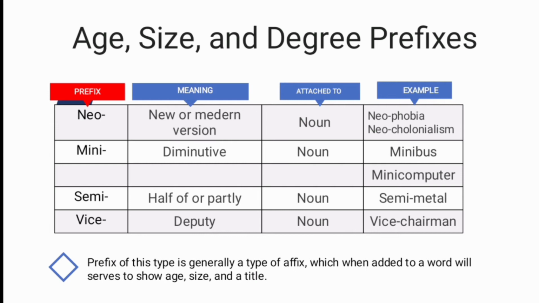Sedangkan prefix "mini" in the word minibus or mini computer dapat kita kategorikan masuk ke dalam size prefixes yang menunjukkan suatu ukuran. Kemudian prefix "vice" dalam kata vice chairman dapat kita masukkan ke dalam degree prefixes yang menunjukkan suatu gelar atau title.